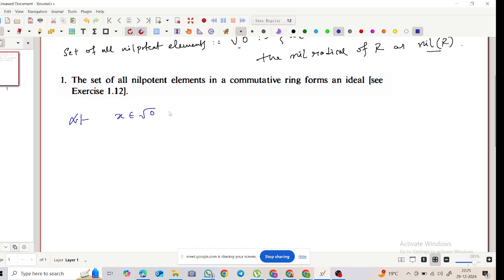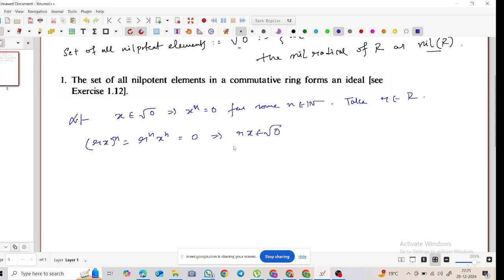This means x to the power n is equal to 0 for some n belonging to the natural numbers. Take r belonging to R. Now see, (rx) to the power n is r to the power n times x to the power n, because the ring is commutative, so this is 0, which implies rx belongs to root 0.